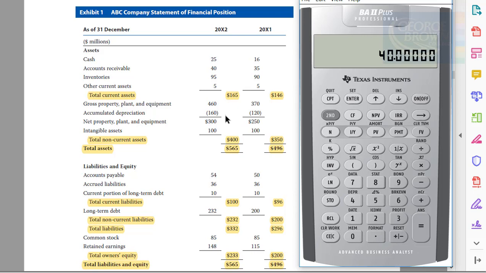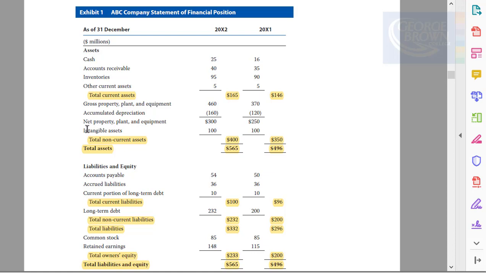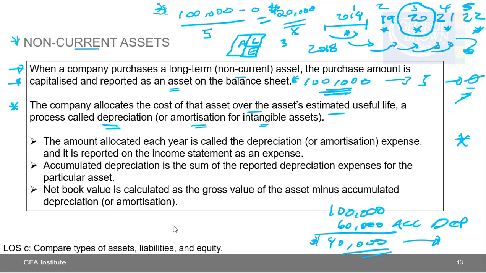That's from the depreciation expense on the 20X2 income statement. So you can see finally that we have the net property, plant, and equipment: 460 minus accumulated depreciation is 300, and 370 minus accumulated depreciation is 250. So again, net book value is calculated as the gross value of the asset minus accumulated depreciation.